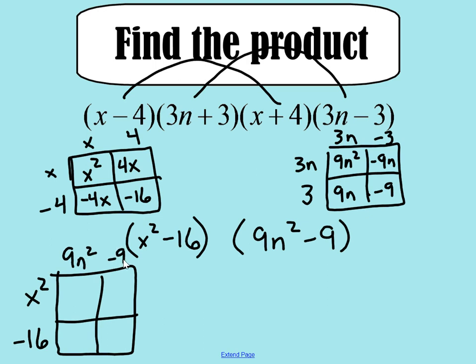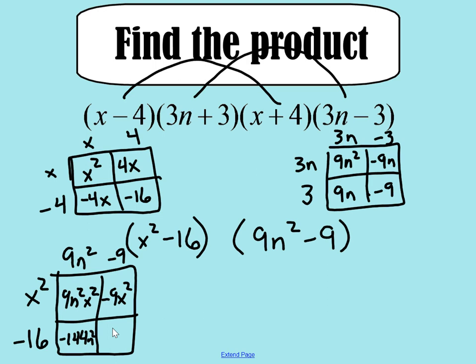So it's going to be 9n squared x squared. 9 times negative 16 is negative 144 n squared. Then I get negative 9x squared. And then negative times negative.